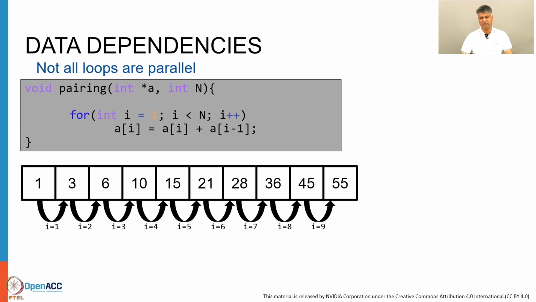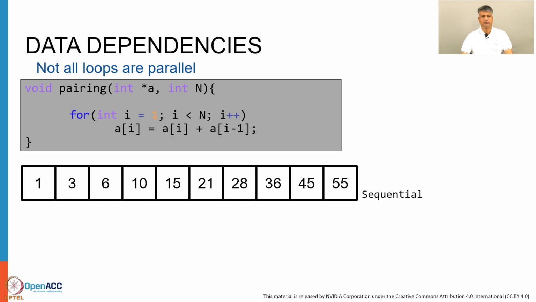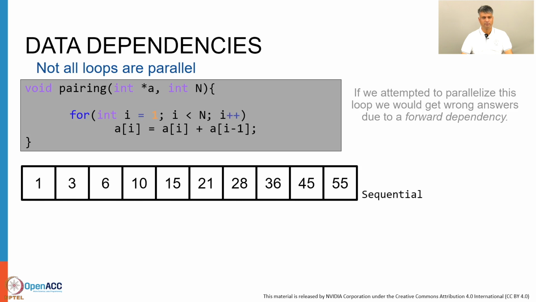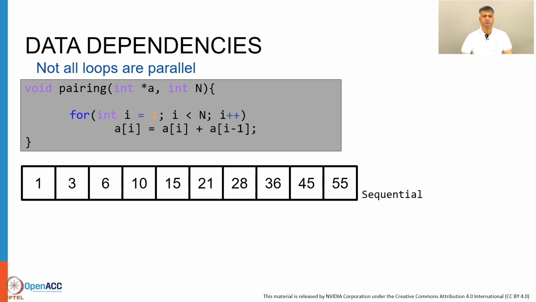Now, if I were to do this in parallel, what would be the problem I face? This is the output from a sequential run of this code. If I want to do a parallel implementation, we would get wrong answers because there's a forward dependency over here.